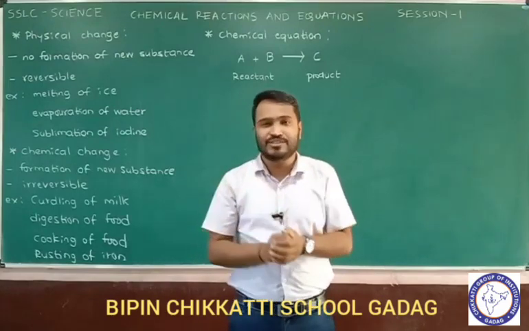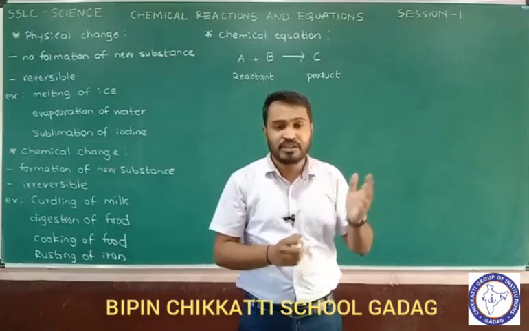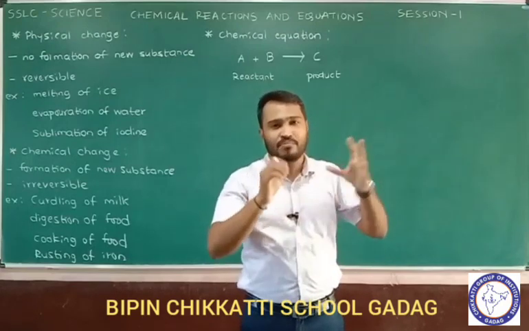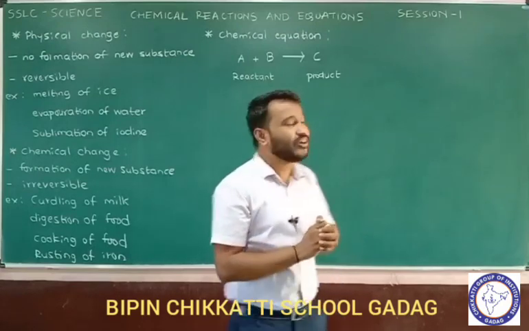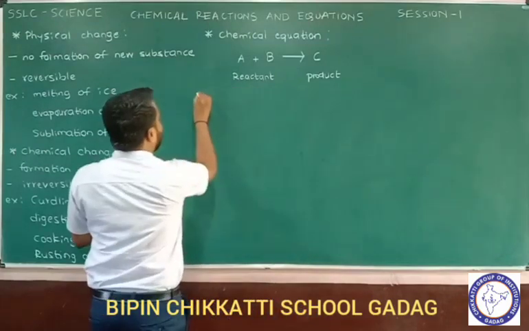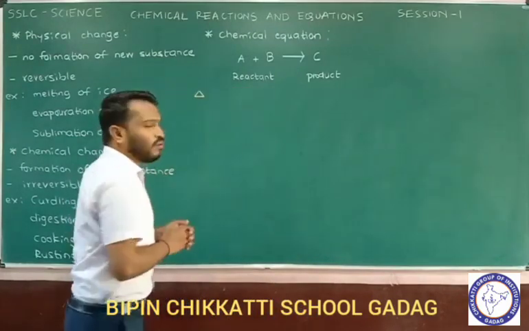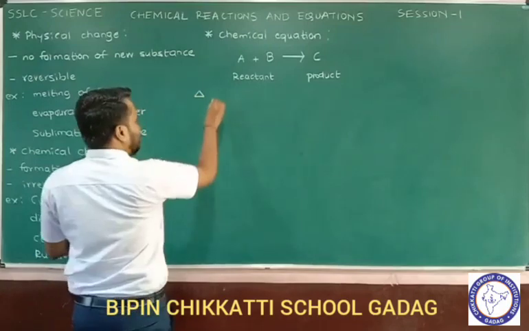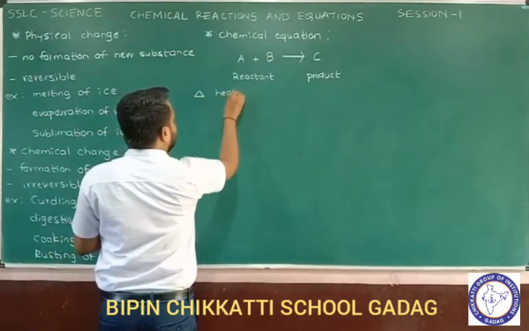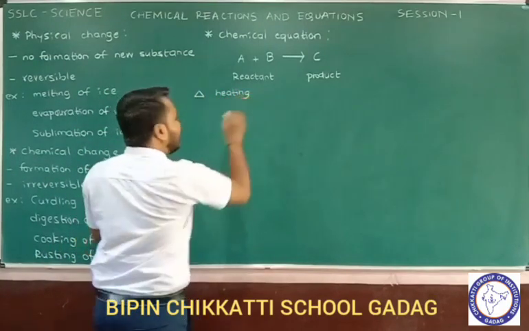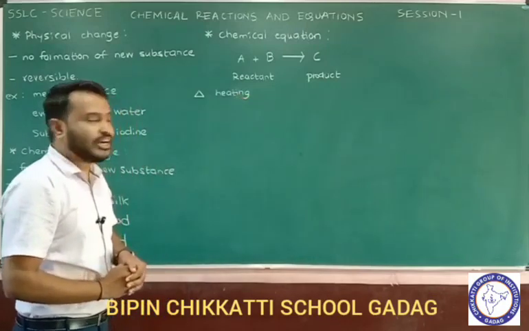Sometimes in chemical reactions we have to mention the pressure involved, the temperature involved, whether gas is released or not, whether solid formation takes place or not. We have n number of representations for that. Usually if we mention the symbol delta, that indicates the process we call heating. Try to know about that.